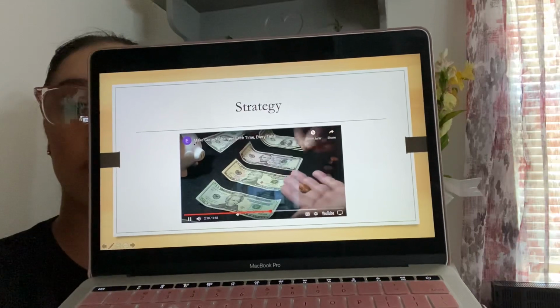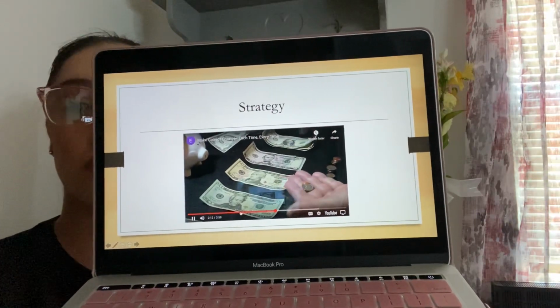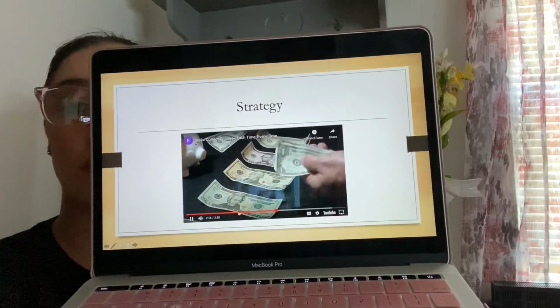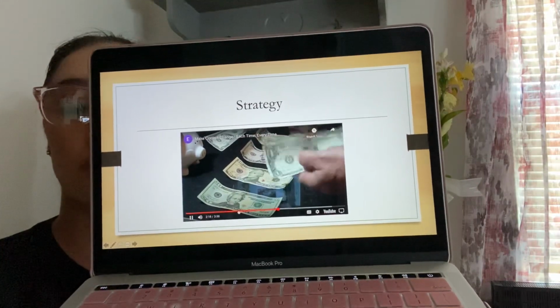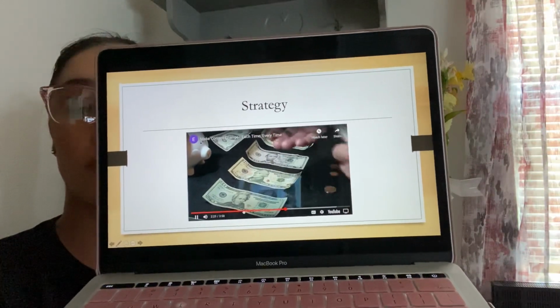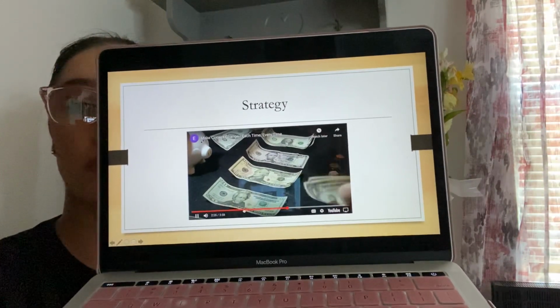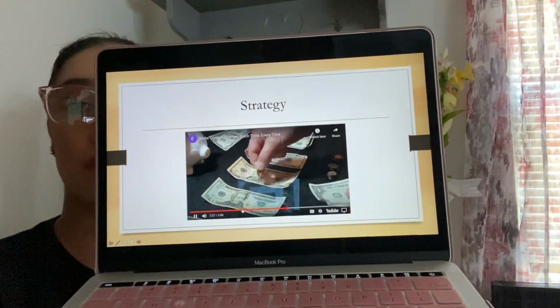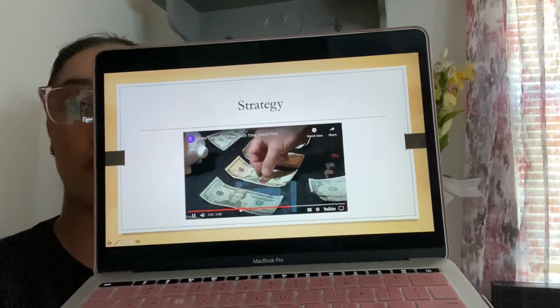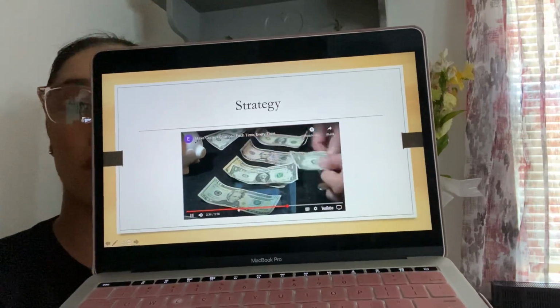You pick up a dime, that's 18, 19, and 20. And then when you hand the customer the change, you count it back to them. You say $17.89, $17.90, 18, 19, and 20.